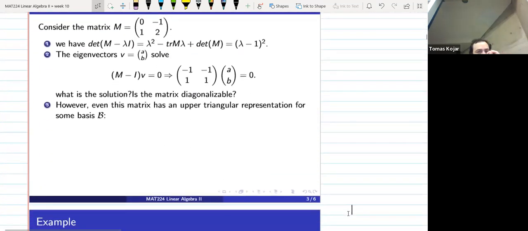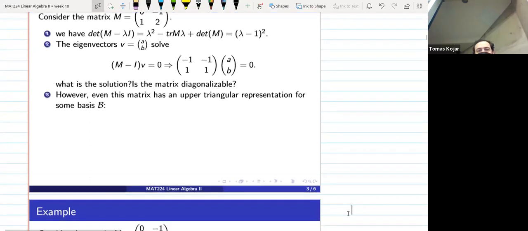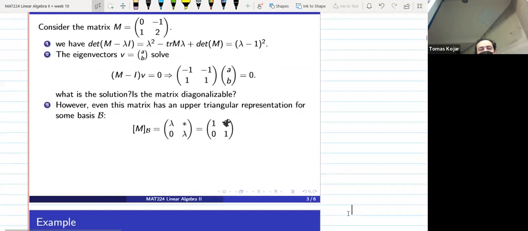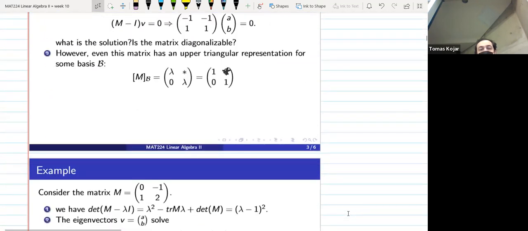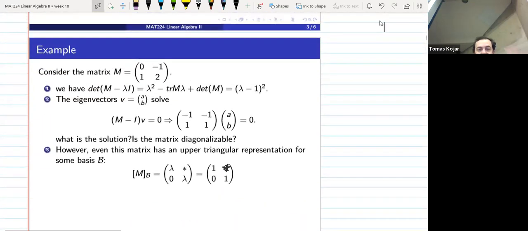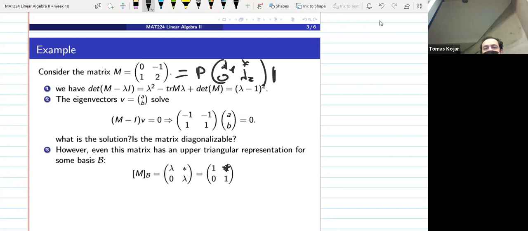However, even this matrix has an upper triangular representation. It's not diagonal, but you can still write it in upper triangular. And that's what we're going to prove. The statement is that any matrix can be written with eigenvalues on the diagonal, stuff above, and 0 below. I mean, any matrix over the complex numbers.